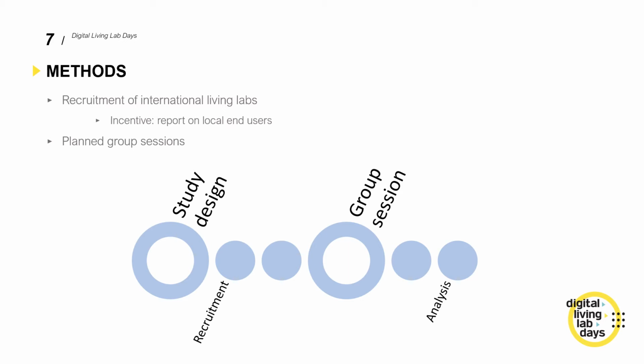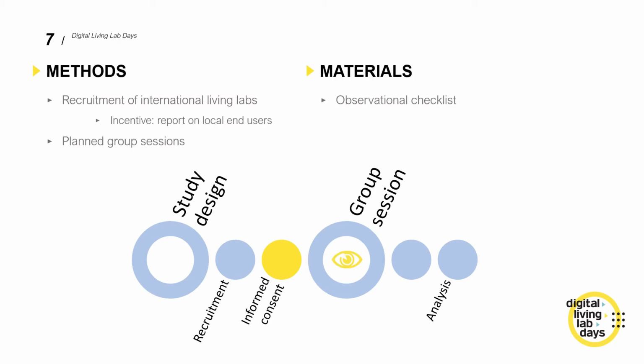So this might be what a standard design of a group session in living lab research looks like. So you make a study design, you recruit individuals, you organize a session, and you analyze your results. So what we would like to add is first, obviously, an informed consent so that participants know that they are also participating in our research.